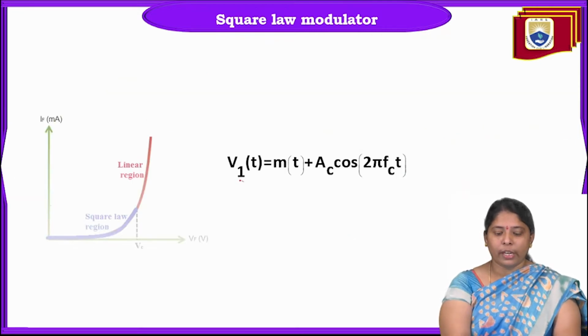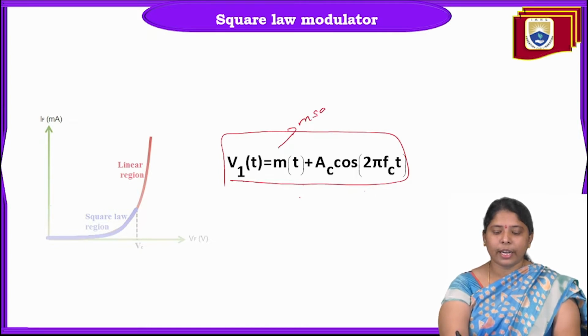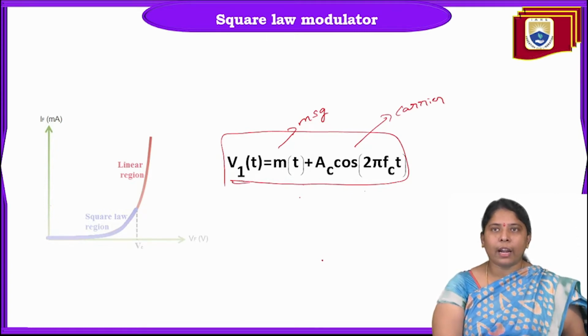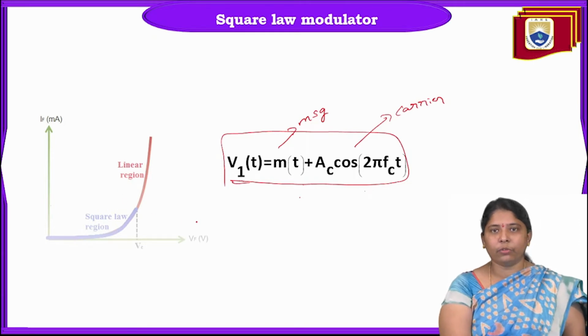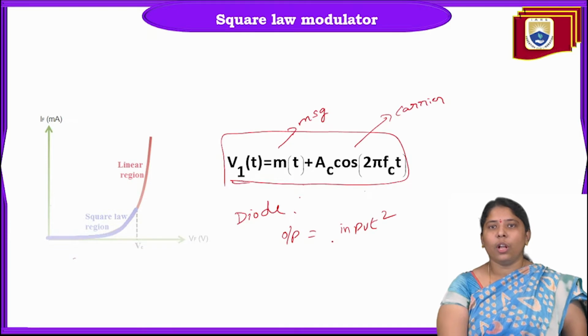So V1 of t, the summer block output, is the message and carrier both added together. So m of t is the message and Ac cos 2 pi fc t is the carrier. So this is V1 of t. And as we know, for a square law device, if we take an example, a diode we can take as a square law device. Square law device means its output equals input square.